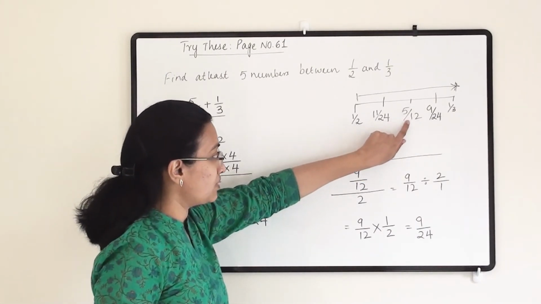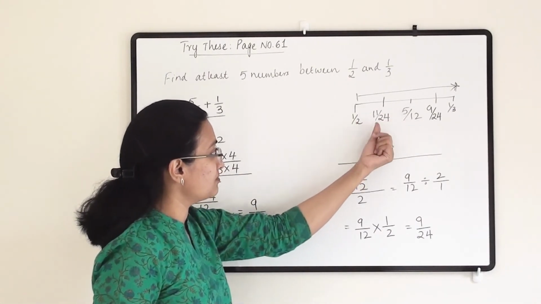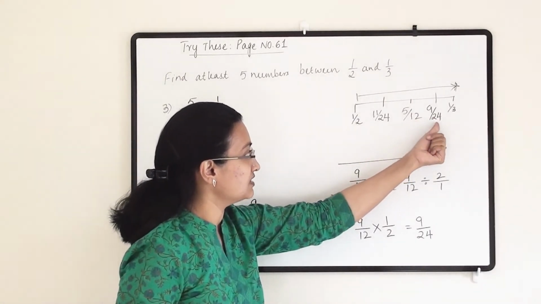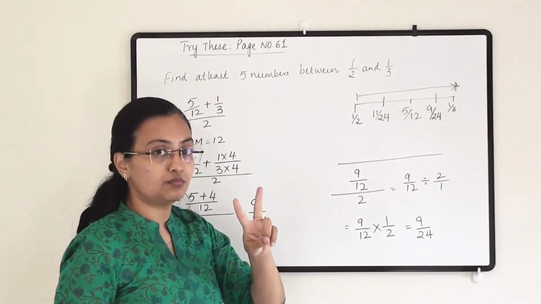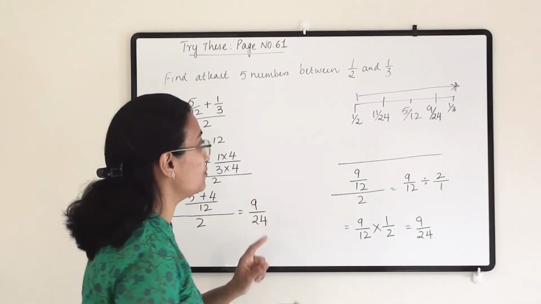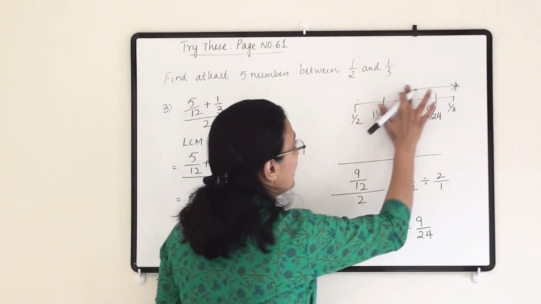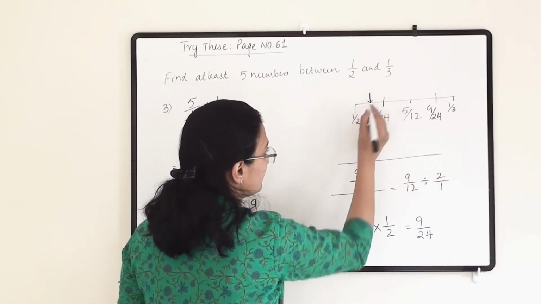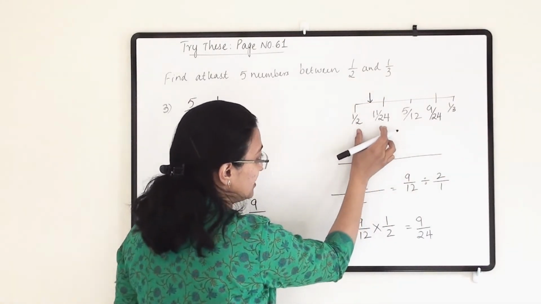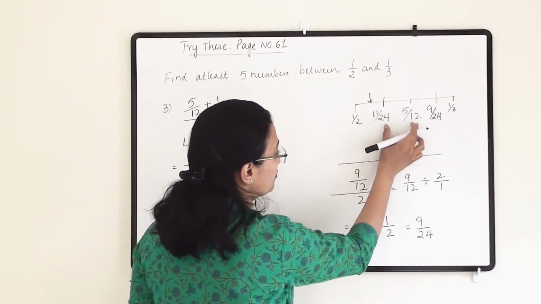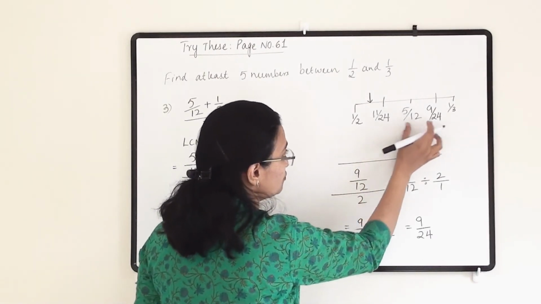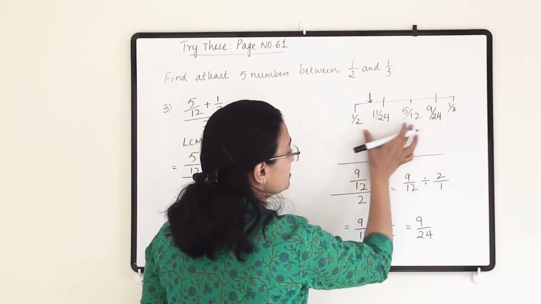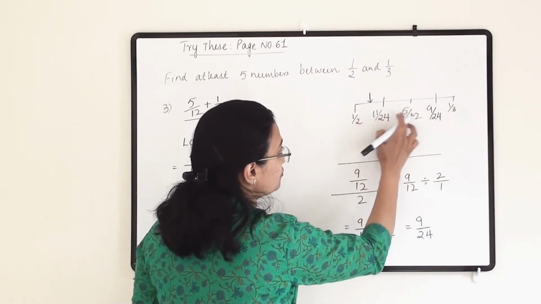First number we found this, then in between these two numbers we found this number, then in between these two we found this number. Now two more numbers we have to find, and you can find them anywhere in this range, in between any of these 1, 2, 3, 4.